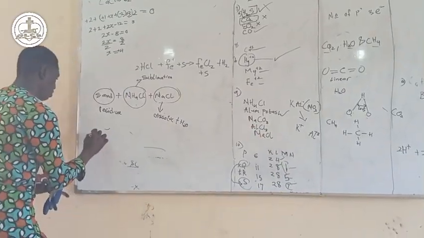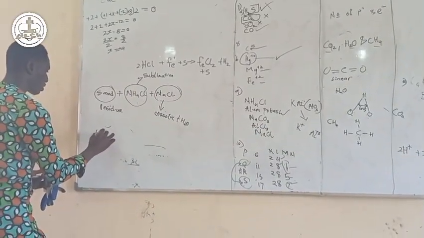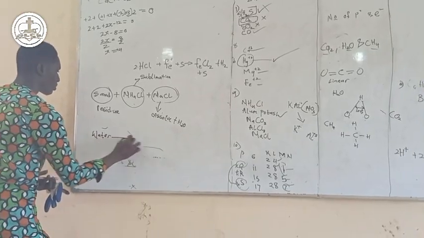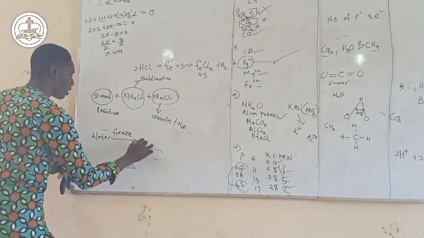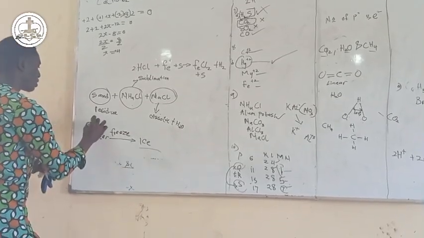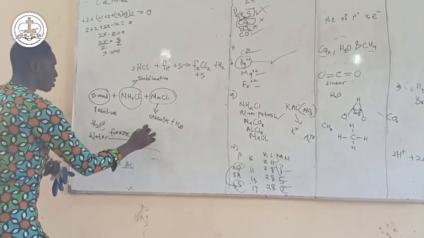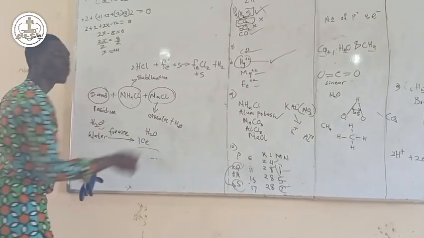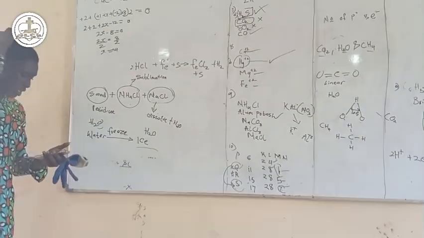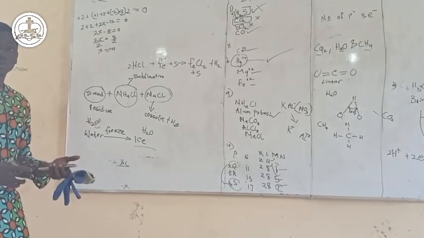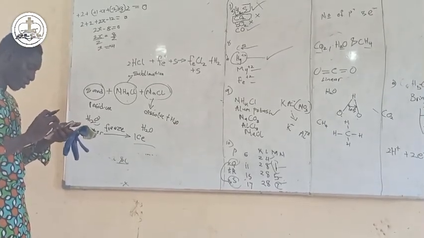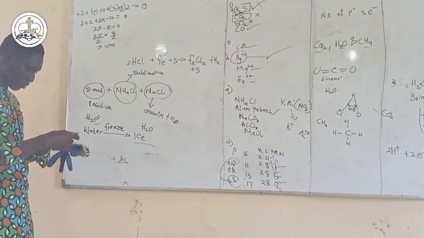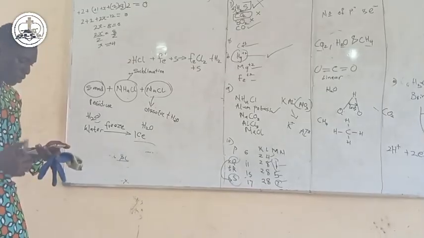When you cool water to ice, it's still the same chemical compound, so there's no chemical reaction here. That's the only physical change in the options. So we move on to the next question.